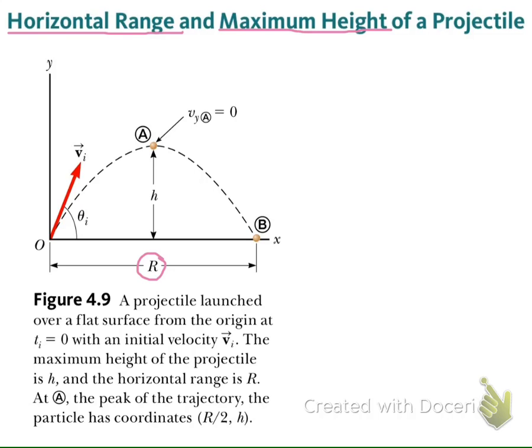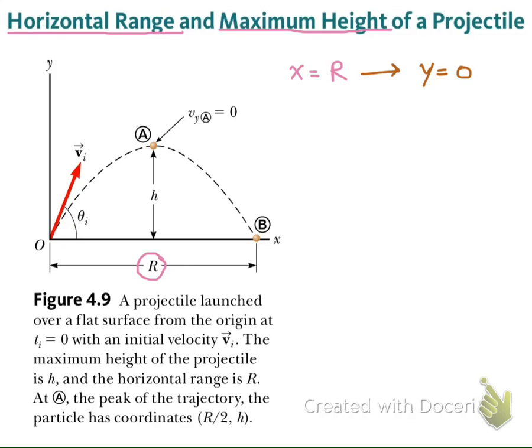Okay, it is obvious from this figure that when x is equal to the length of the projectile, we must have that y is equal to 0. Here we consider the projectile on the horizontal ground.